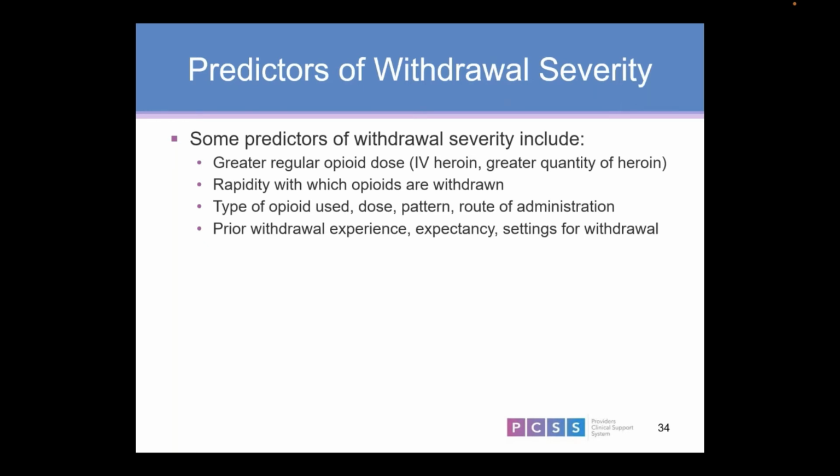It can be the type of opioid that was being used, how much, and what pattern it was being used in. Also, inconsistent use actually creates more of a problem. So many times, heroin-dependent patients who are injecting drug users are using different doses, different time sequences, that sort of thing, which can actually upset the system in a way that it can take a little longer for the system to settle down and be stabilized, so that when starting naltrexone, they're more comfortable.